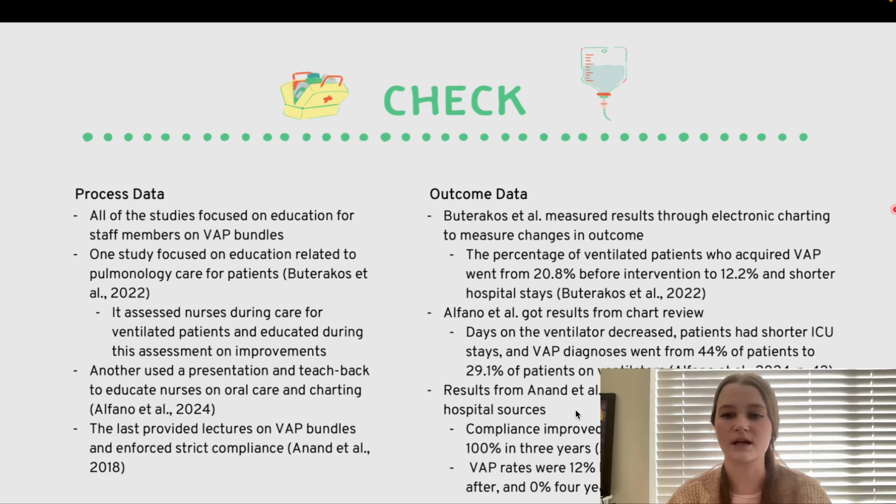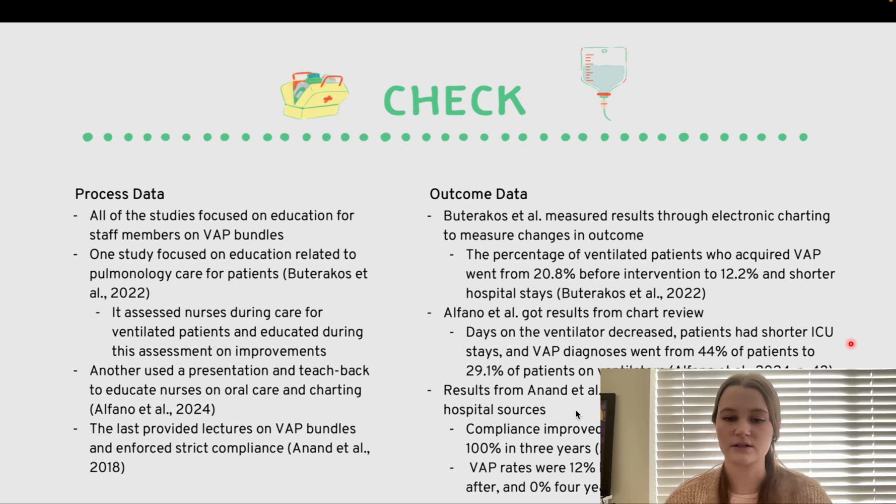And then for the outcome data that these studies provided, one measured results through electronic charting to measure changes in outcome. The percentage of ventilated patients who acquired VAP went from 20.8% before intervention to 12.2%, with shorter hospital stays for those patients. Another study got results from chart review, so pretty similar to the last one.